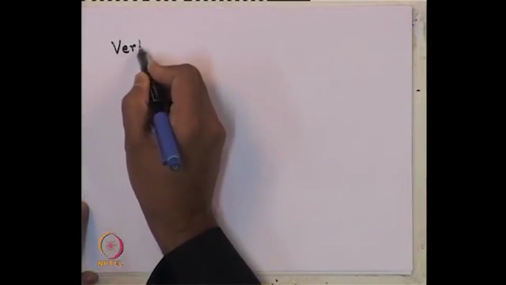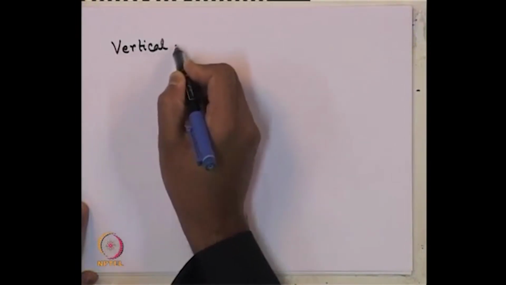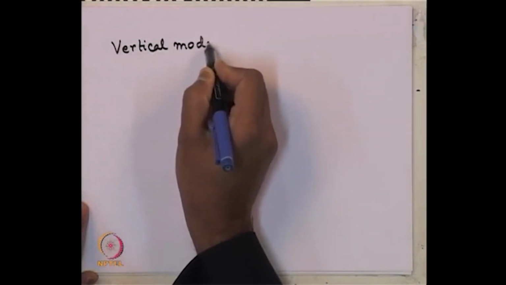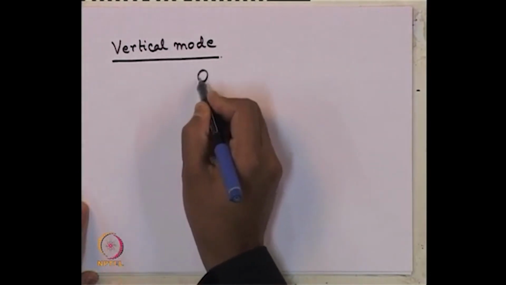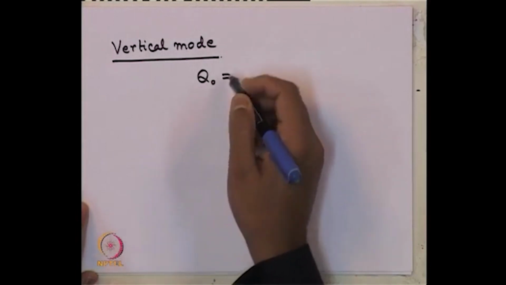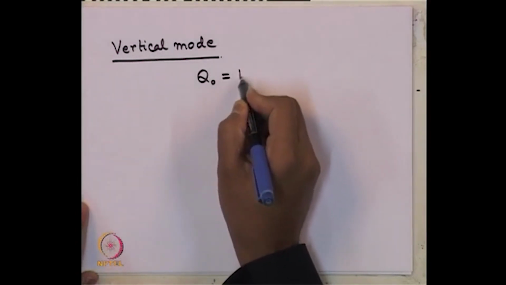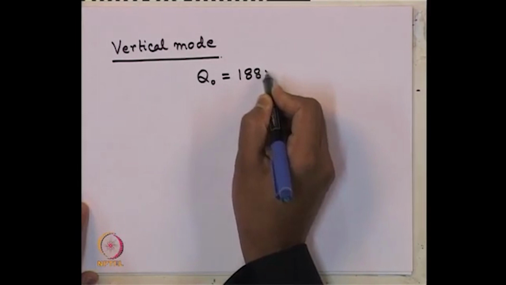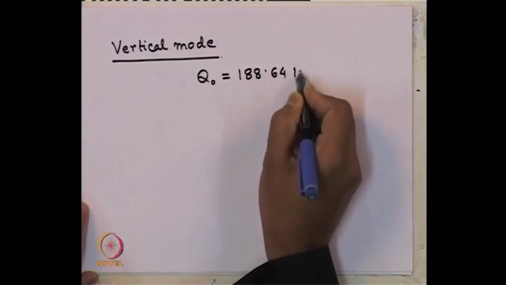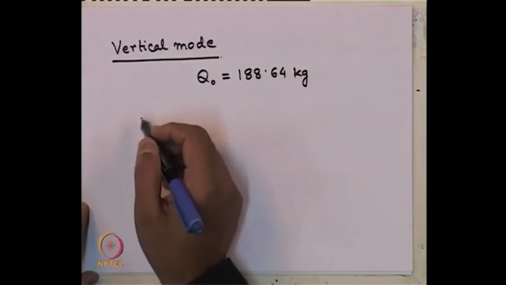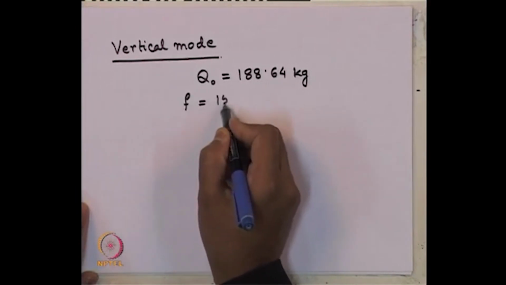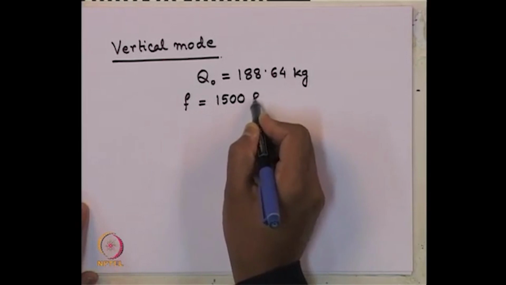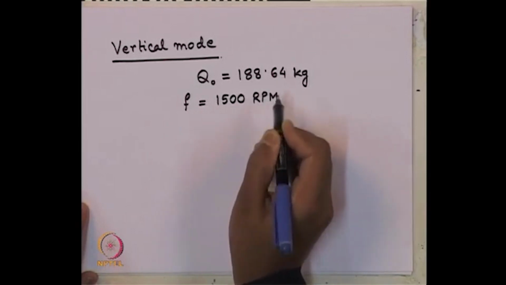For vertical mode, let us do it first. Given Q naught is 188.64 kg force, of course. The operating frequency is 1500 RPM.